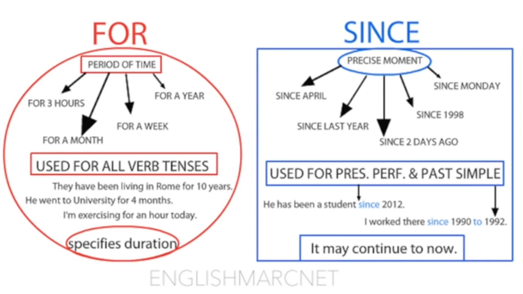Since, I wrote down also on the graph, it may continue to now. It may, because as you can see from the last example, it doesn't continue up to now, right? I worked there since 1990 to 1992, because I used it with the past simple.